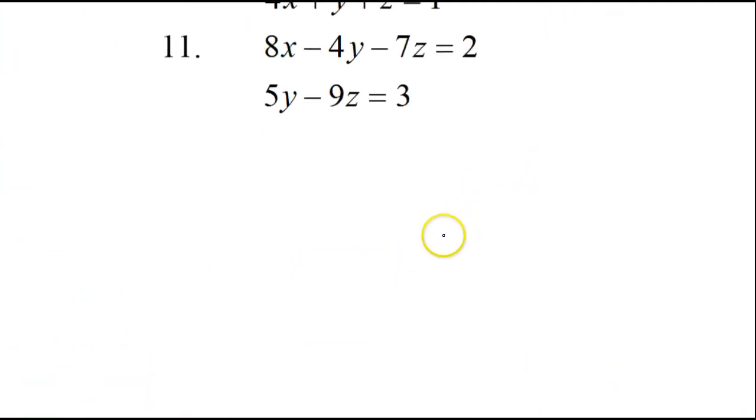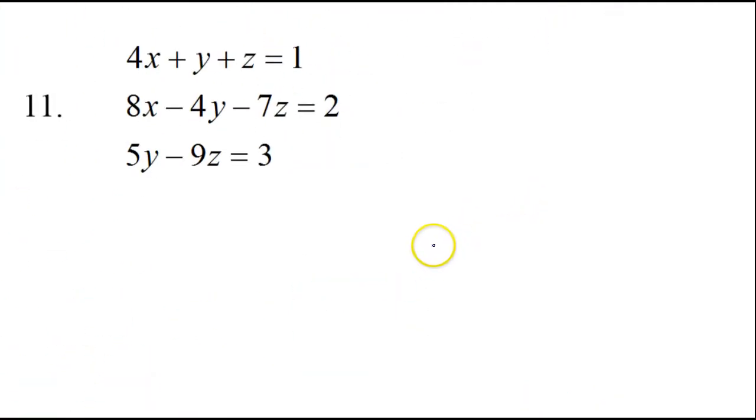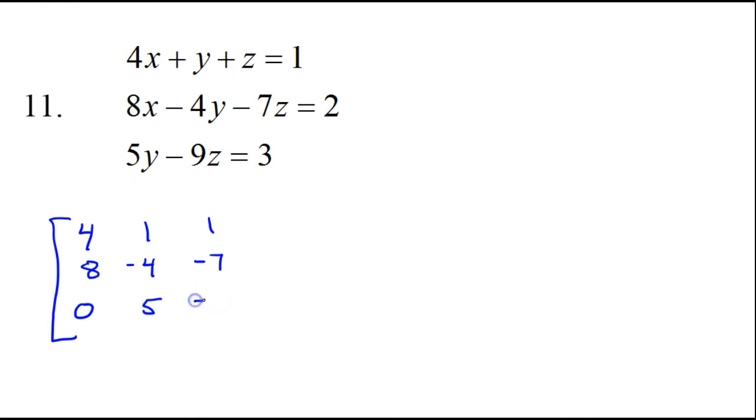Okay, let's take a look at number 11. So, again, we will start with our coefficient matrix. 4, 1, 1. 8, negative 4, negative 7. We are missing the x term, so the x term must have a coefficient of 0. But then I have 5 and negative 9.